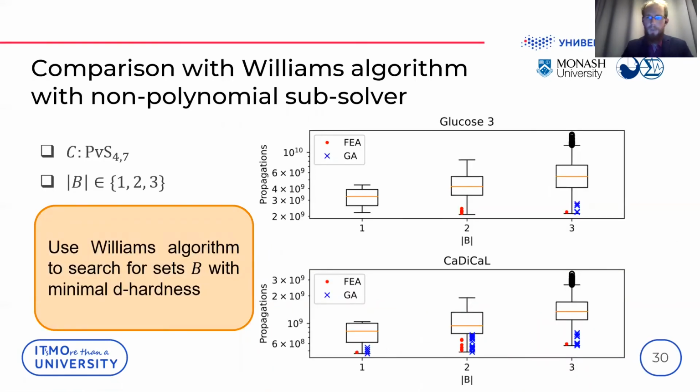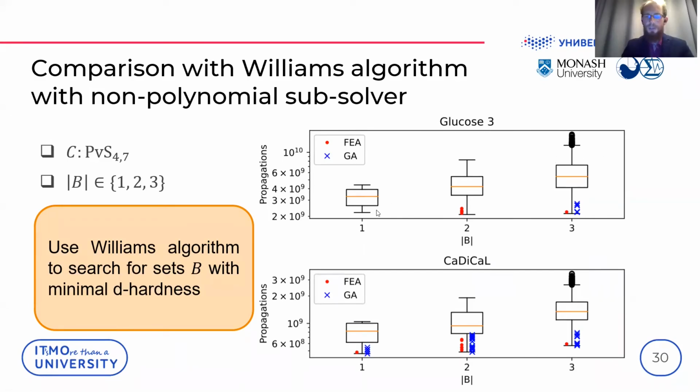First, we want to compare the results with using Williams algorithm, but with a non-polynomial subsolver, to search for our sets B with the d-hardness. And we considered one of the equivalence checking formulas and built all sets B of size 1, 2, and 3. This took up several days of one cluster node.